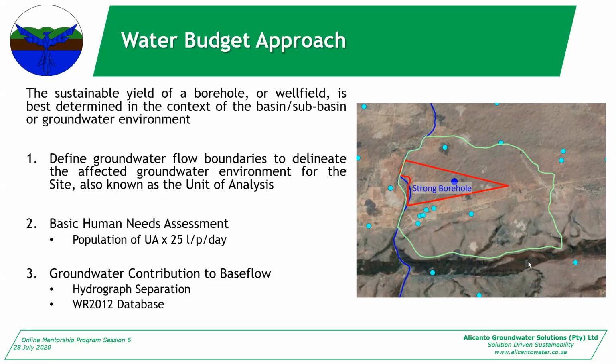Then here is a topographic divide because groundwater can't flow uphill and then downhill. So all of the water within these boundaries impacts on my borehole, and everything outside has no impact on my borehole, and my borehole can't impact it. Does that sort of explain the rough idea of boundaries?